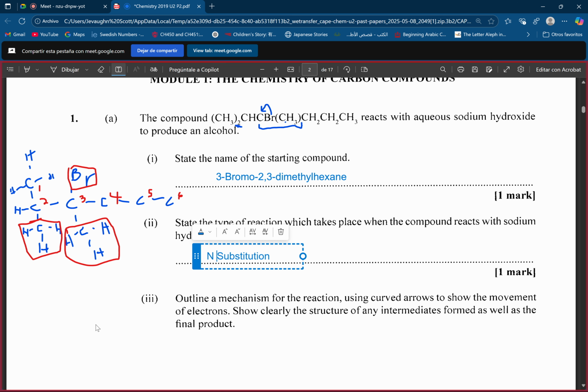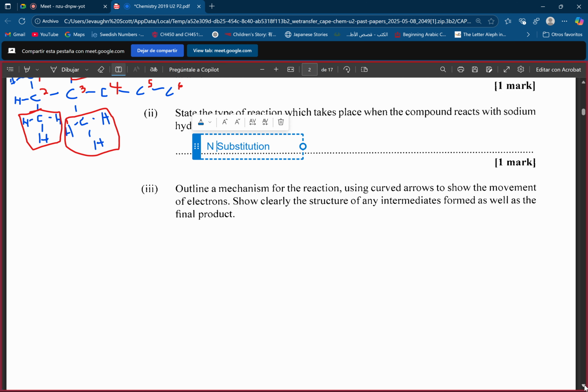Part three now asks us to outline a mechanism for the reaction using curved arrows to show the movement of electrons, show clearly the structure of any intermediates formed, as well as the final product. So how would that reaction occur? So looking for the nucleophilic substitution of a tertiary halogen alkane.